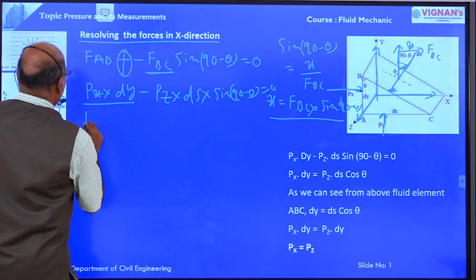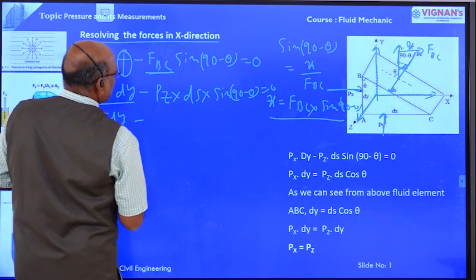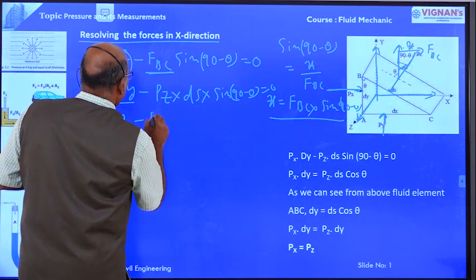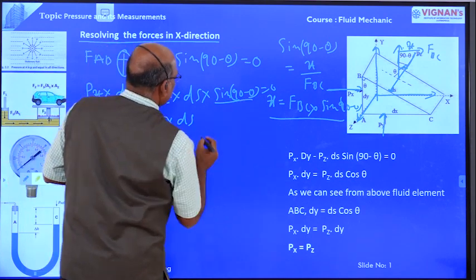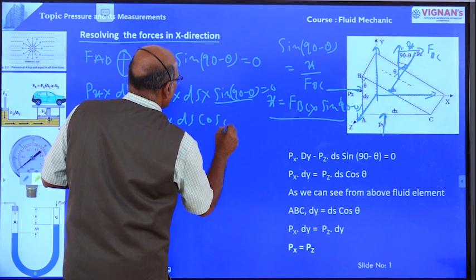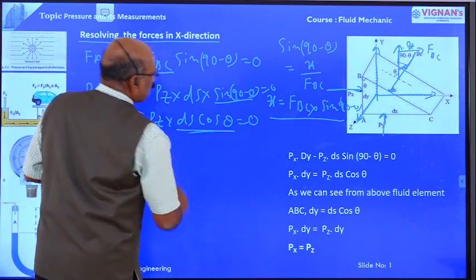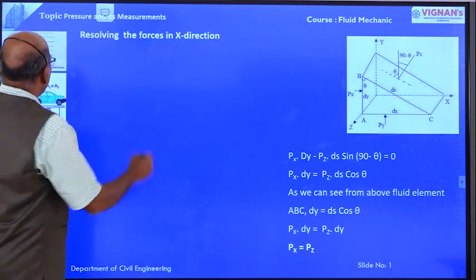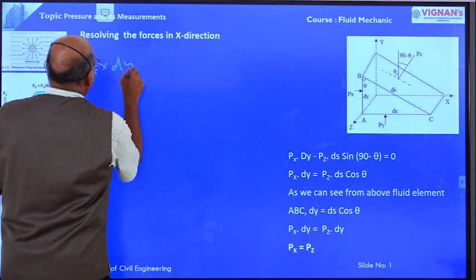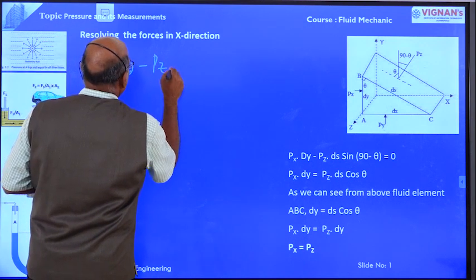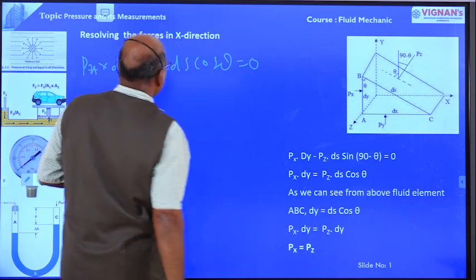Right? Therefore, Px into dy minus Pz into ds sine 90 minus theta, that is cos theta, is equal to 0. Now, ds cos theta, right here we have Px into dy minus Pz ds cos theta is equal to 0.